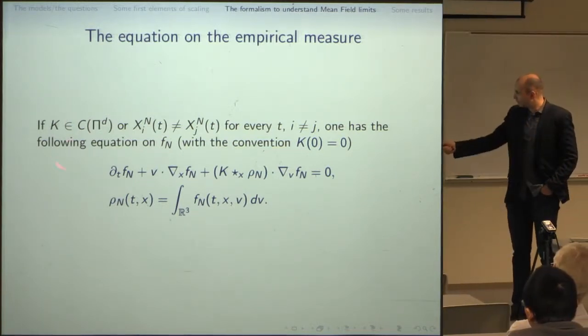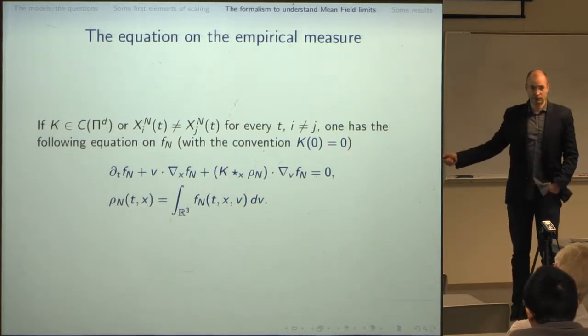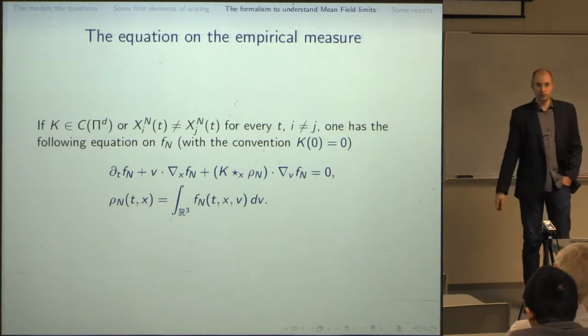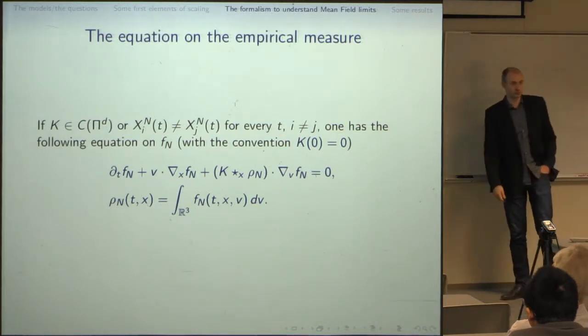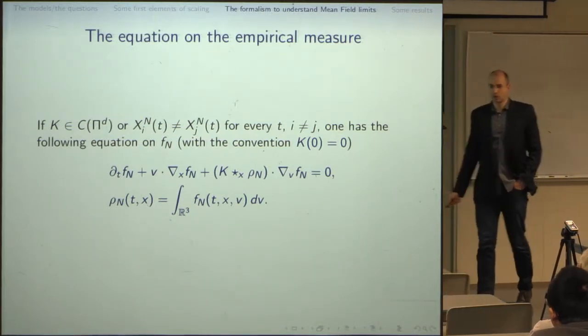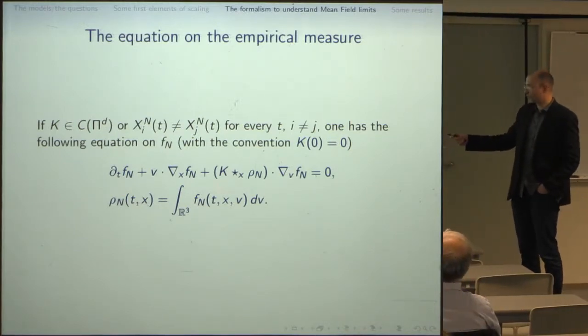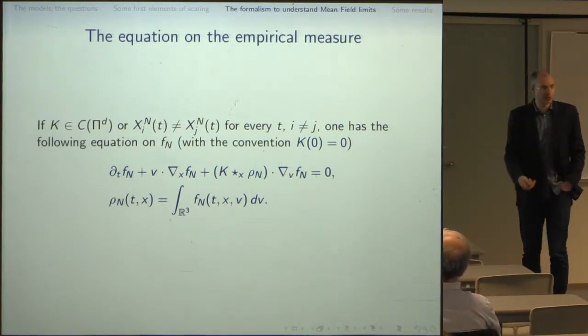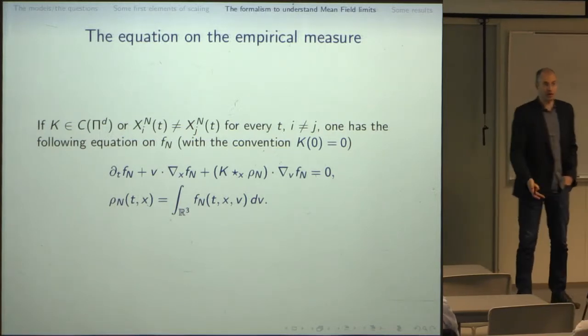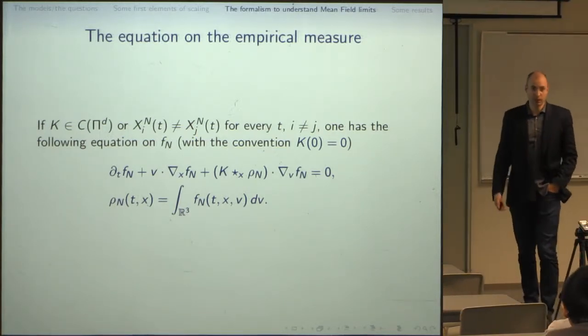You can check that in the sense of distributions, this equation is satisfied. This is called the Vlasov equation. The Coulomb case is then called the Vlasov-Poisson equation, and this was derived by Vlasov in the 30s for plasmas.